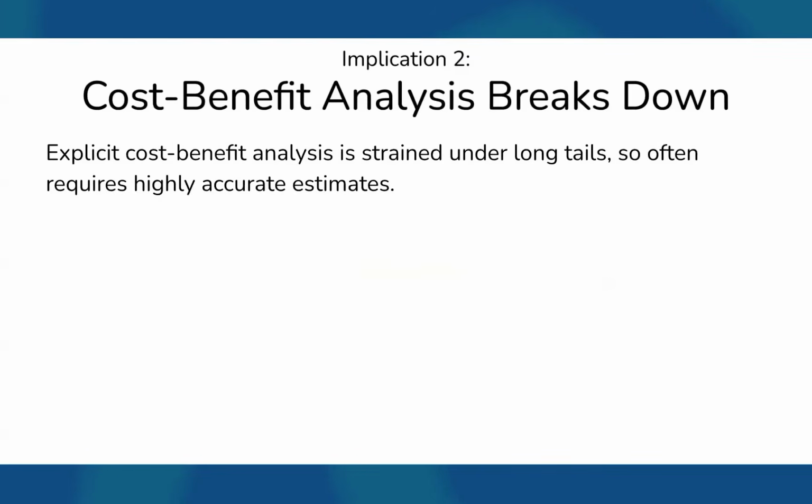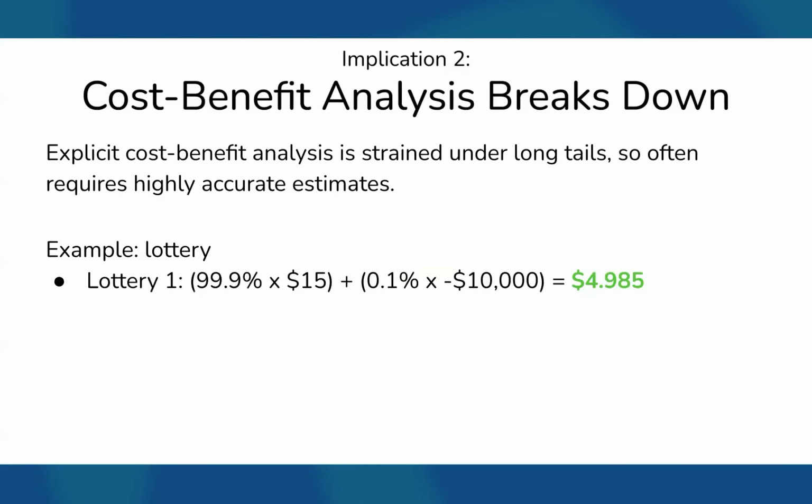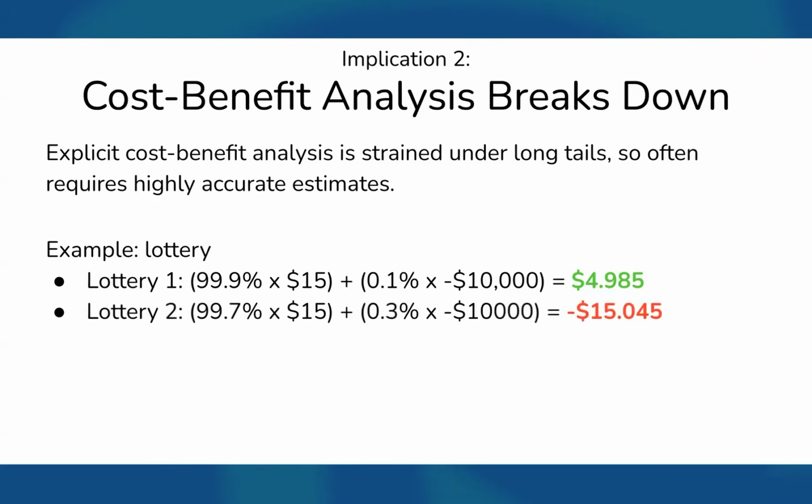Relatedly, cost-benefit analysis breaks down. Just as an example, let's say that there's a lottery with a $15 payout at 99.9% probability, but otherwise you lose $10,000. This still may be a positive expected monetary value lottery. But if the estimates change just slightly, then it becomes very negative.